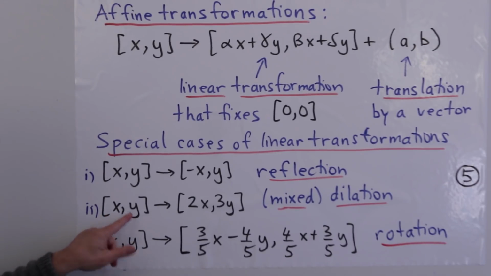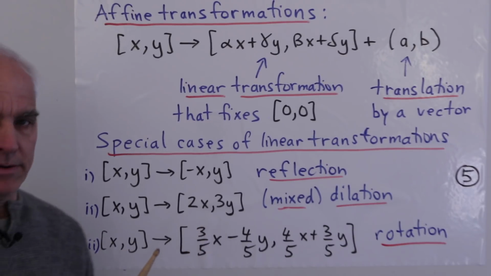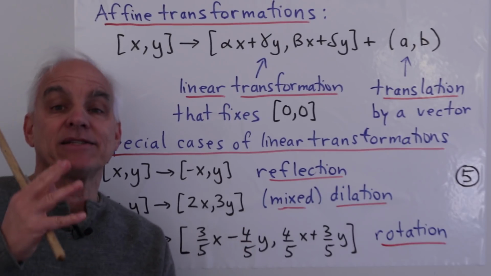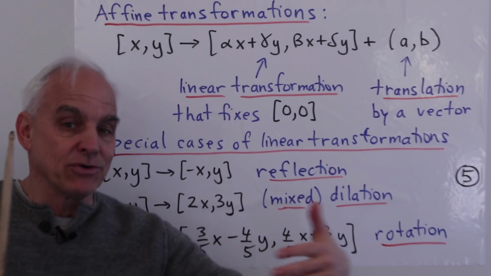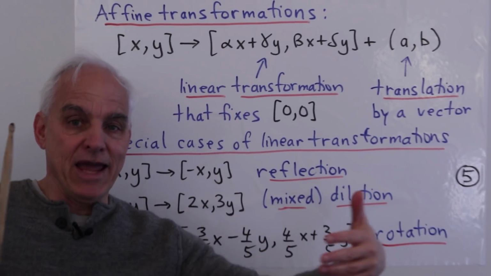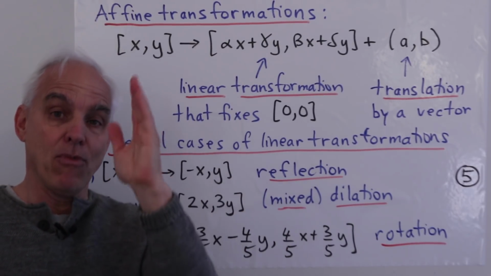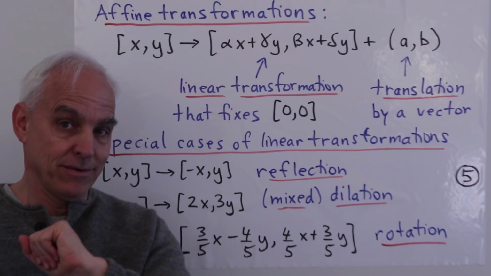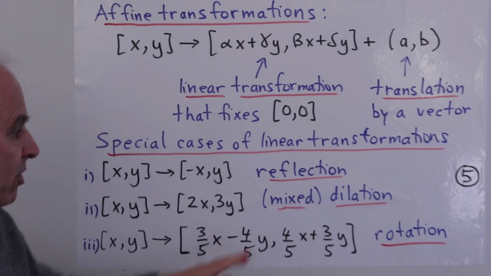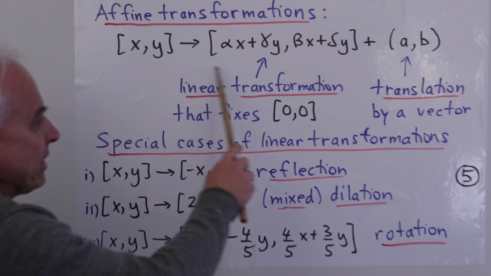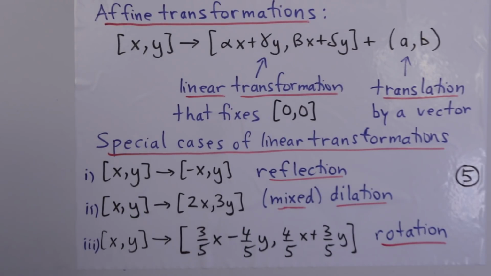Another thing that we can consider is something that sends xy to 2x, 3y. This is a dilation, but it's a sort of mixed dilation because it scales everything in the x direction by a factor of 2 and scales everything in the y direction a little bit more by a factor of 3. So we call it a mixed dilation. That's also included here in this general situation.